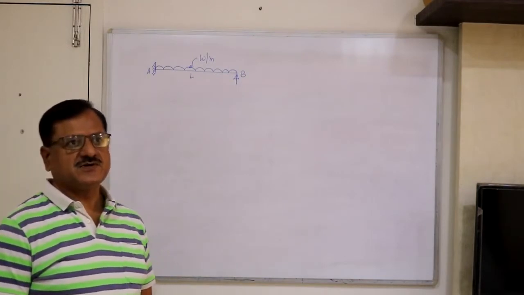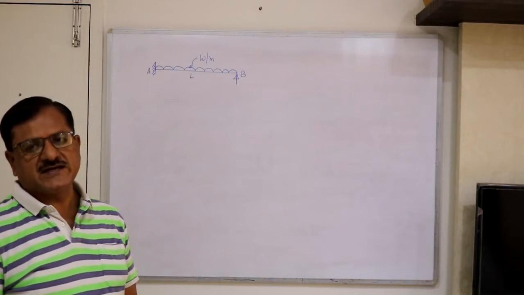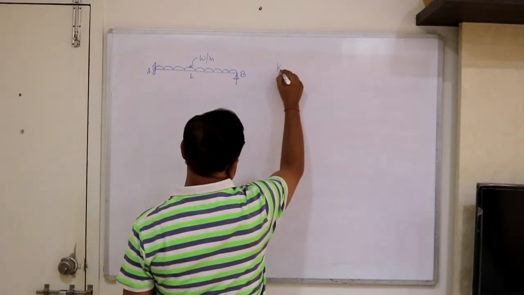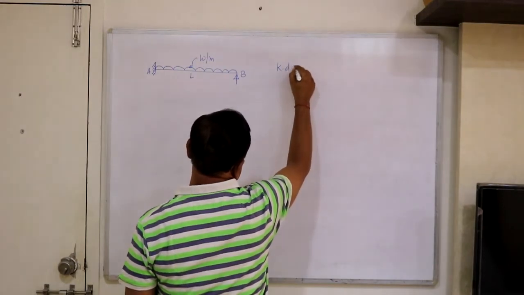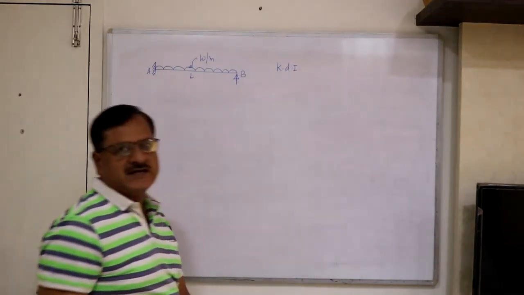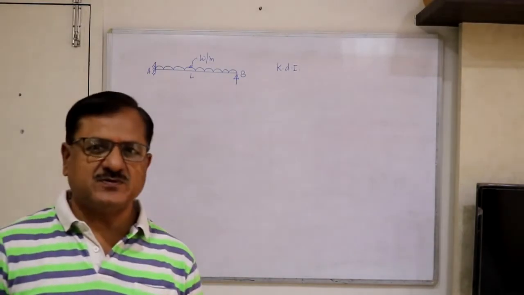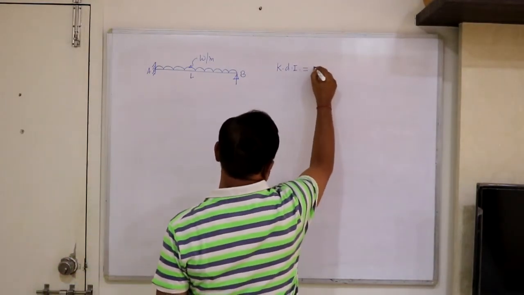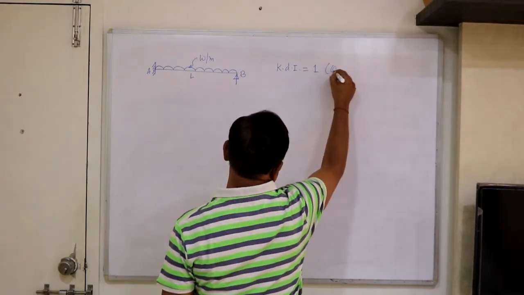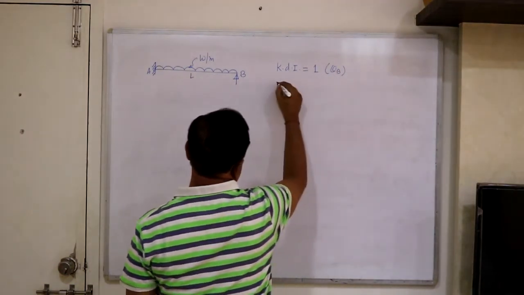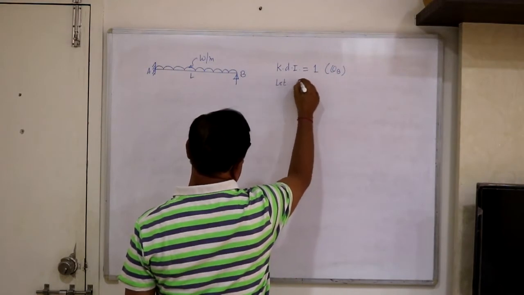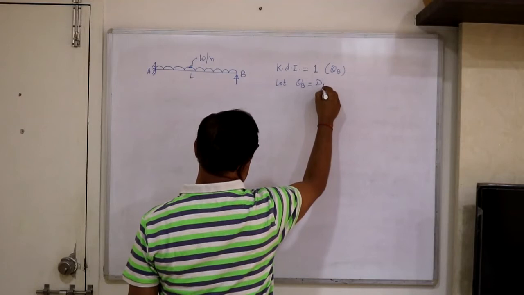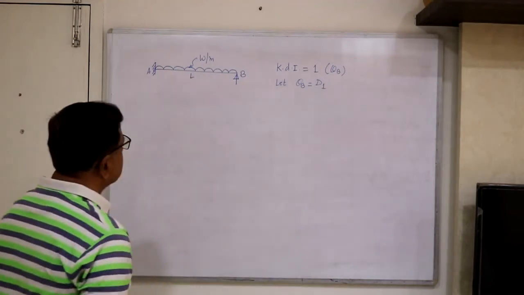Now first of all we have to locate the unknowns, and displacements are taken as unknowns, or kinematic indeterminacy. What is it for this? A is fixed, B is a prop support, so only θB, that is kinematic indeterminacy is 1. Let us assign the coordinate θB equal to D1.